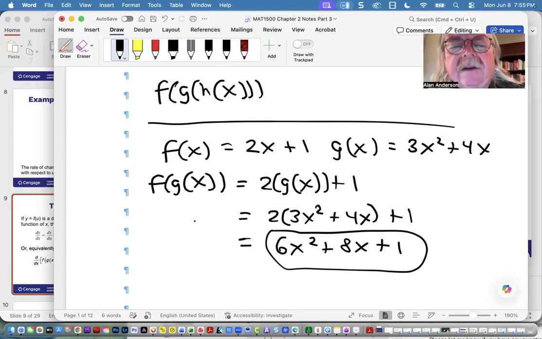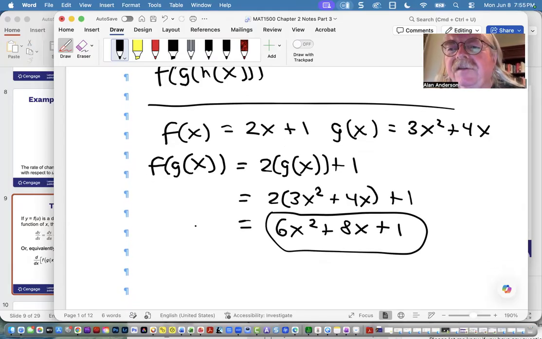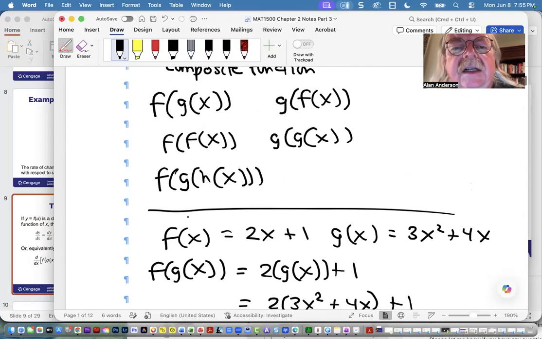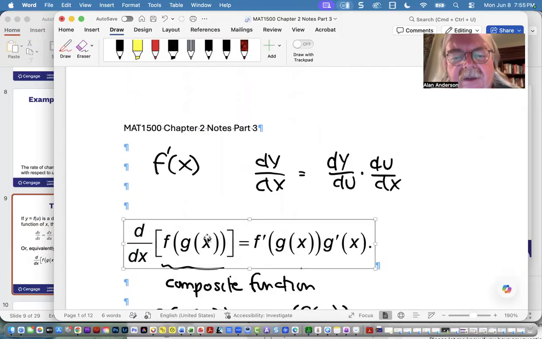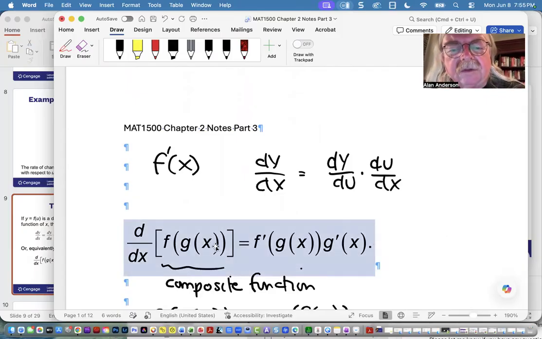And of course, we could also, if we wanted to, go ahead and find g of f of x, but I just want to remind you how this process works. So what you're seeing here is that the chain rule is actually a method for finding the derivative of a composite function. That's what it's for. Okay, so this is what we're going to be doing with the chain rule.